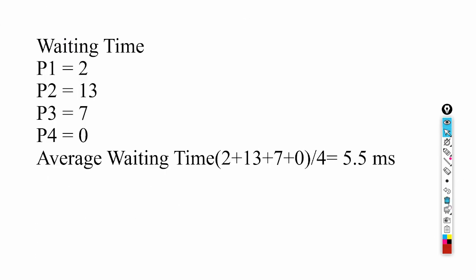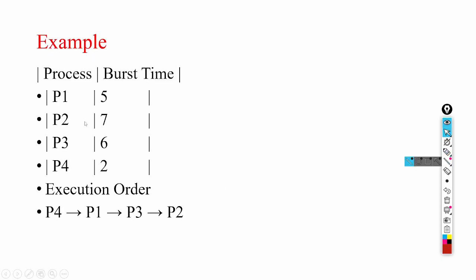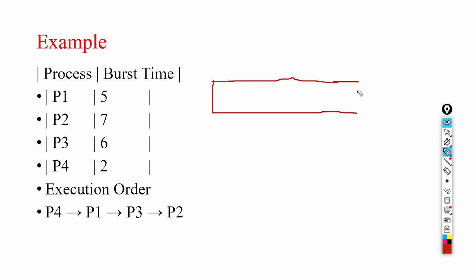So what is the waiting time? There are processes P1, P2, P3, P4. First it will execute P4, then P1, then P3 and then P2.